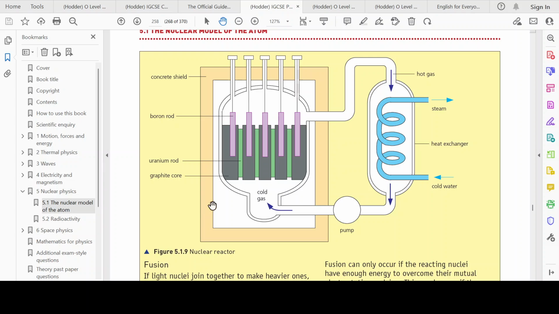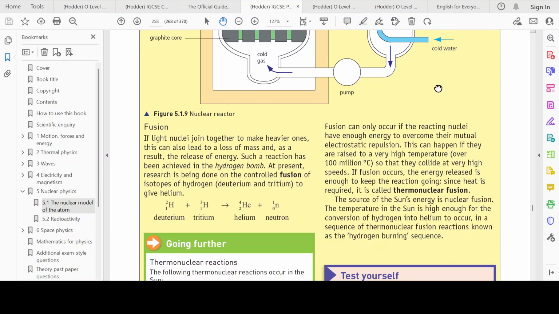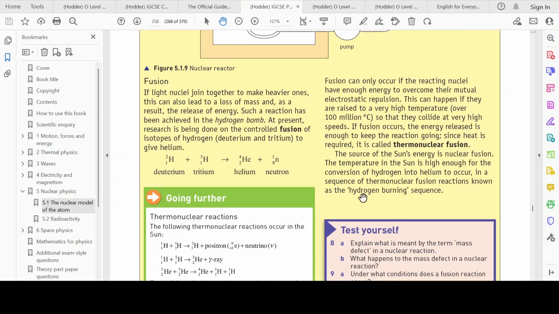And so you're pumping in cold gas from underneath. That's carbon dioxide gas. It's taking up the heat, keeping the system cool. Again, cool being a relative word. The hot carbon dioxide going in is heating up the cold water coming in, and what you're getting out is steam, and that's going to the turbine and then producing electricity.